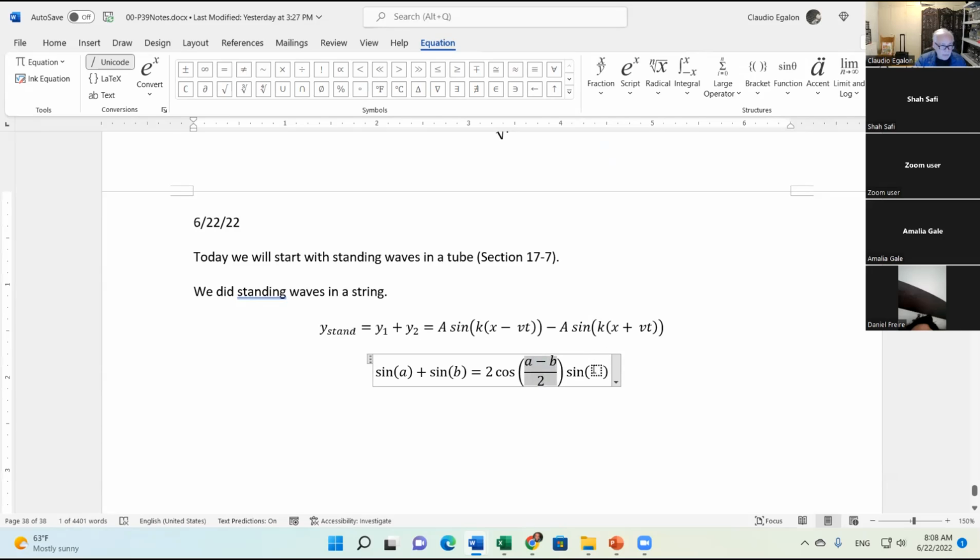It's a mixture of sines with cosine. Here you go, A plus B. Okay.